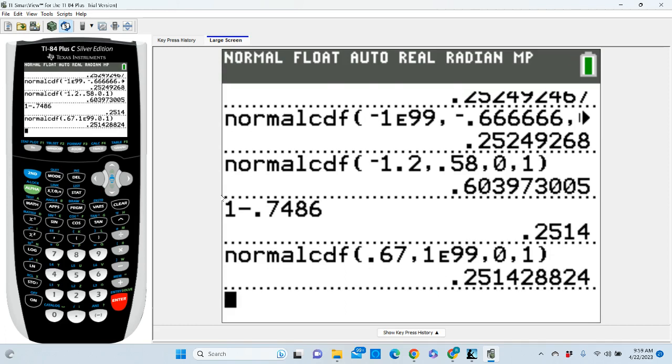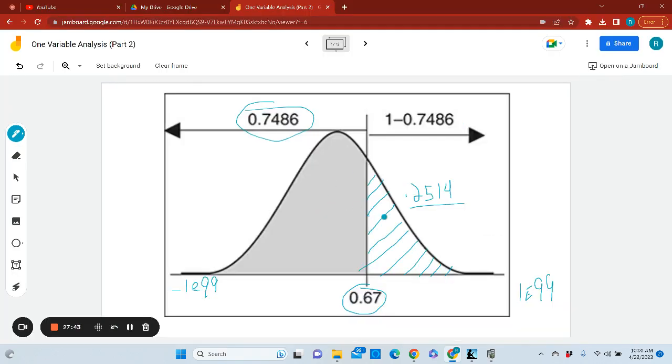I'm going to hit paste. I'm going to hit enter. And there's your 0.2514. Don't worry about all the extra decimals here. It's the same number, 0.2514, that we got before. So you can have the calculator give you the area to the left or the area to the right when you're using NormalCDF. It just depends on how you set your boundaries.